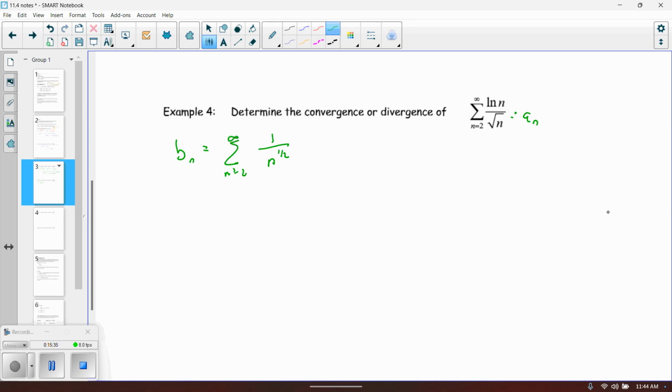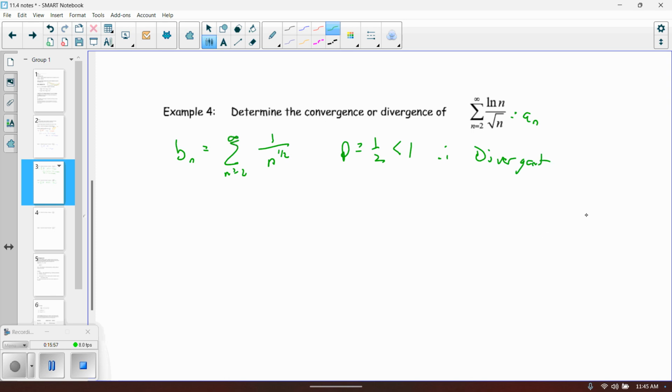If that's the case, then a sub n would have to be divergent, because if it's bigger than b sub n, which is divergent, a sub n has to be divergent as well. So 1 over n to the 1/2 power is a p-series, where p is 1/2, which is a number less than 1. Therefore, it would be divergent.